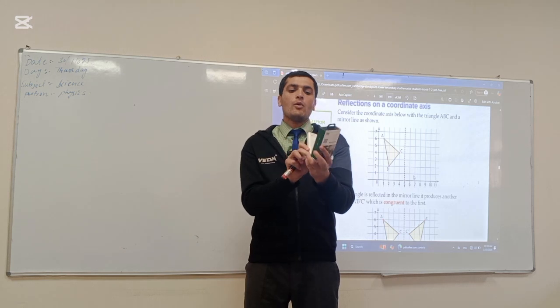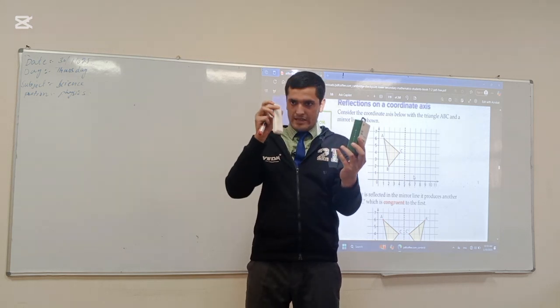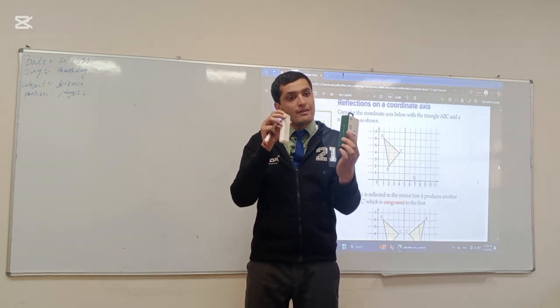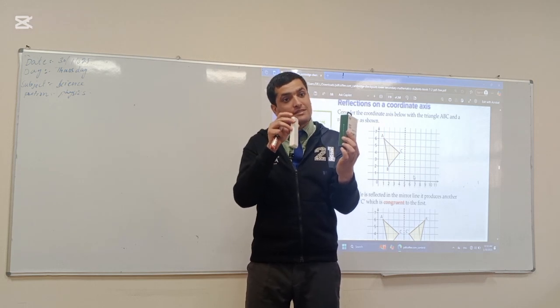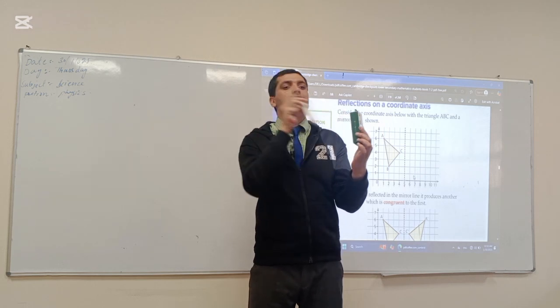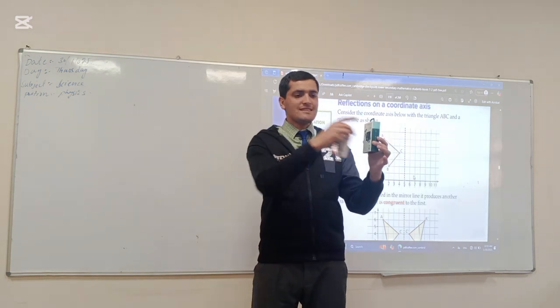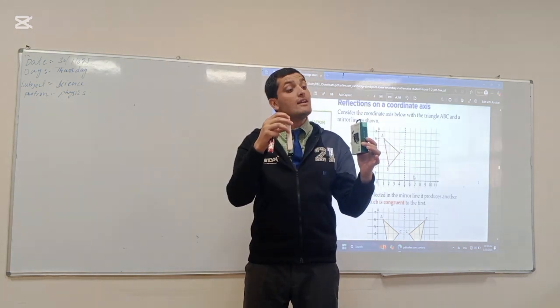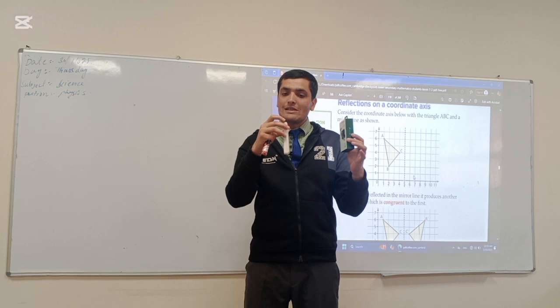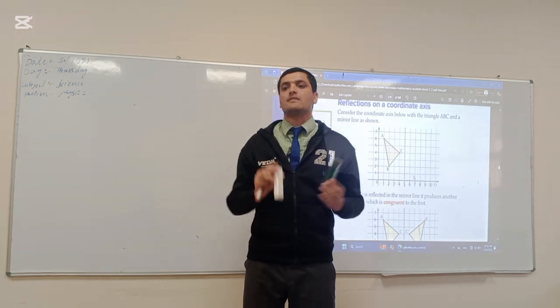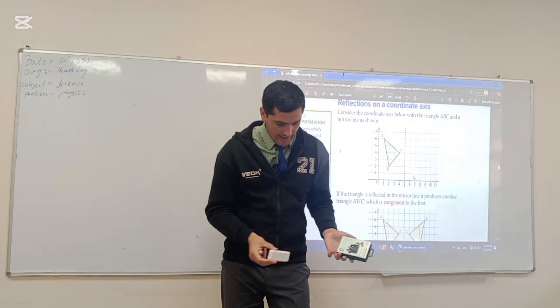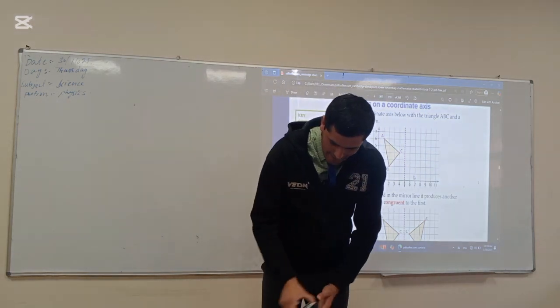If I focus only on this point, the mirrored image will show that point at the same distance from the mirror, inside. Like if this distance is 20 centimeters, then the mirror image will show this point inward 20 centimeters. This is the main philosophy of reflection.